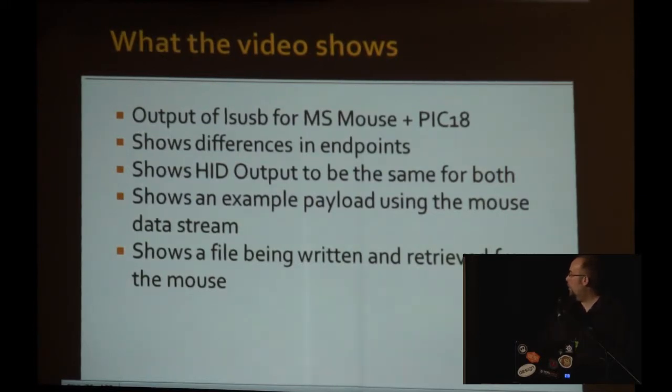What we're going to show in the video, because it may not be easy to see in the back, is that the output of lsusb will show for both the PIC18 as well as the MS mouse. What I'm trying to show is that they're identical. If you were to look at them side by side, unless you looked at them in a very verbose mode, you're not going to see a difference.